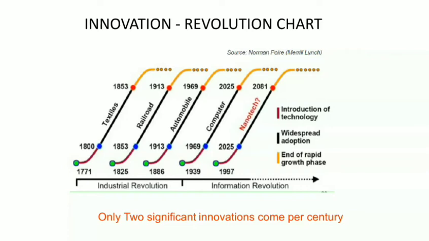Okay, for example, you are aware of computers. Here you can see a chart provided by Norman, from one of the slides I took just for teaching purposes. They have given the innovation to revolution chart for textiles, railroads, automobiles, computers, and nanotechnology.